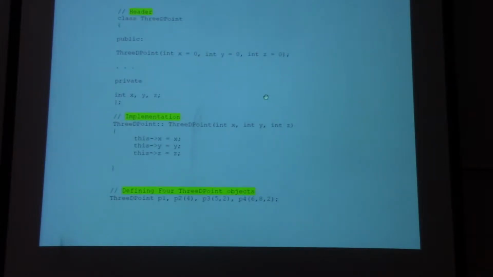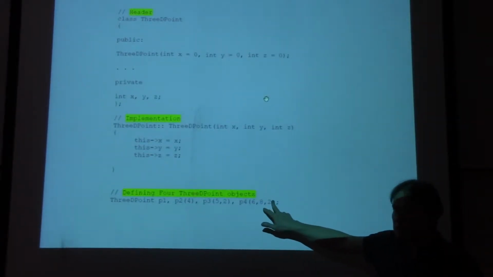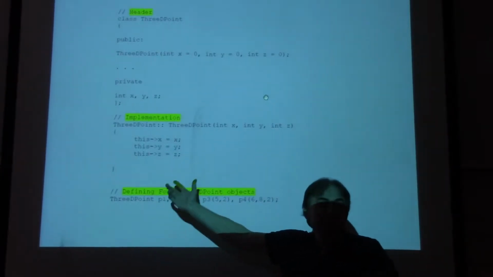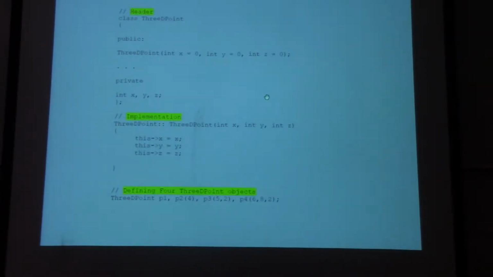Okay. So now, in the code that I'm using this class, I'm going to have 3D point P1, P2, P3, P4. I am actually creating 4 objects. This one is using the int constructor, and then default constructor. But I only have one constructor, yes, but when I call P1, that's a constructor with no values given.